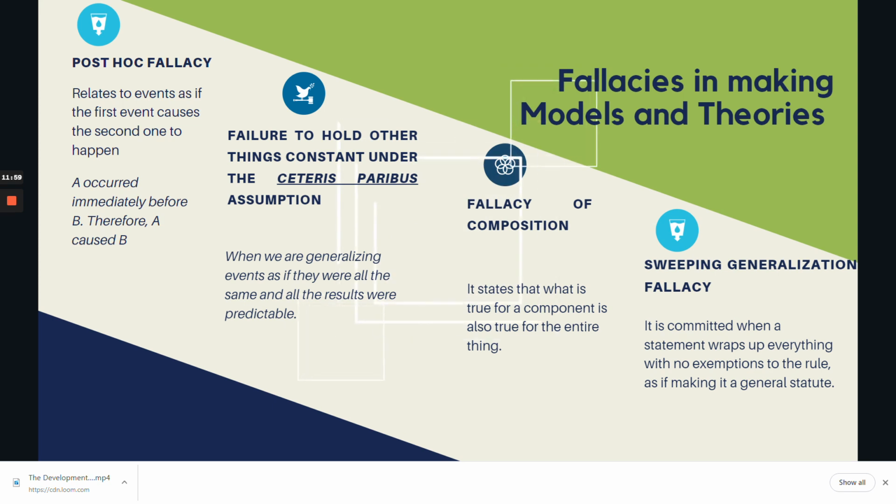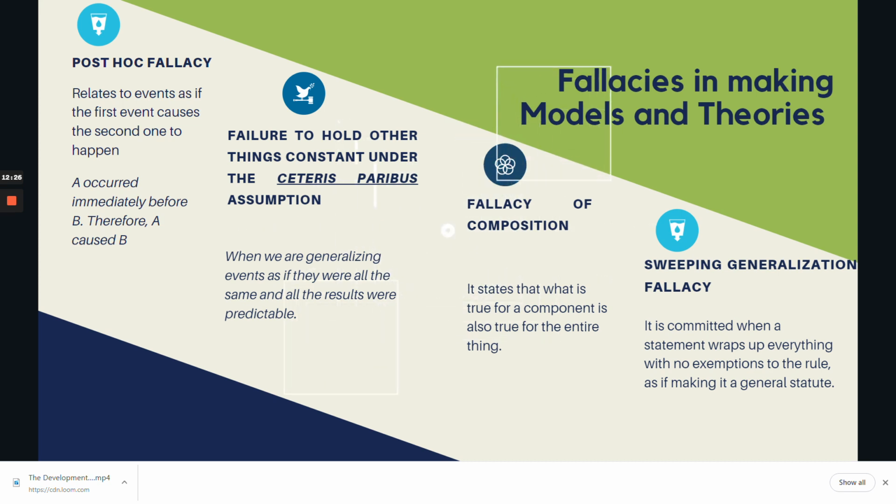But for sweeping generalization, the best example is the sentence that says, there is no treatment for COVID-19, and if a person gets COVID-19, he or she will never be cured. Will never be cured. So that is already a sweeping generalization.